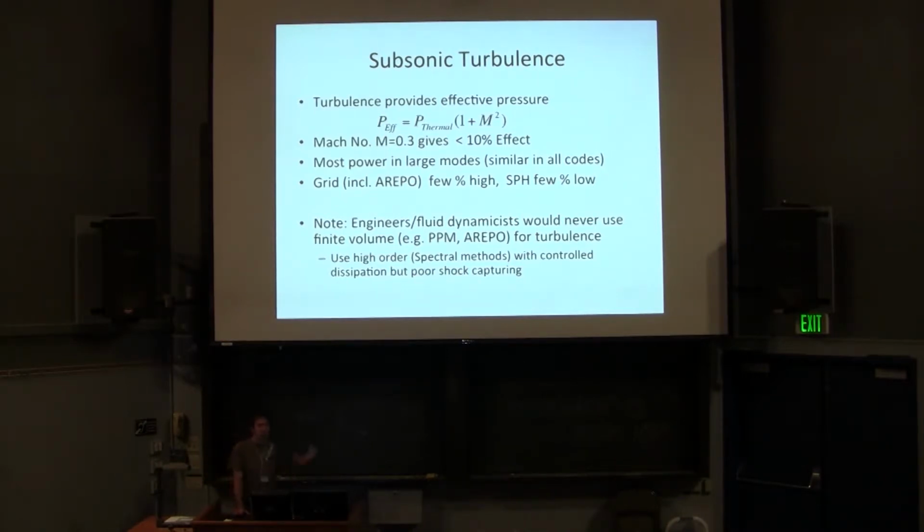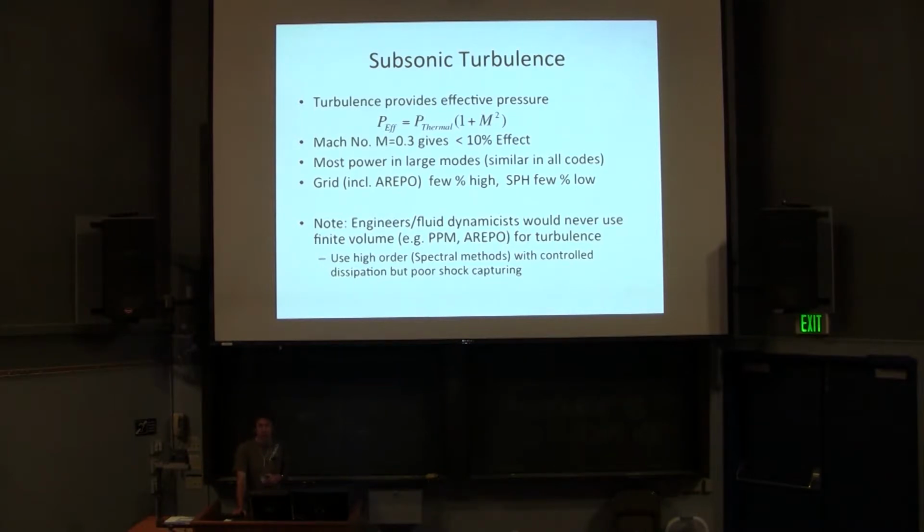All the codes are able to get the large modes correct, so we're talking about the small amount of energy in the very high K small modes. That's a little bit different. So the overall result is that grid codes such as AREPO, because they use the same fundamental methods for advection and Riemann solving, tend to be a few percent too high in this extra pressure, and SPH tends to be a few percent too low.